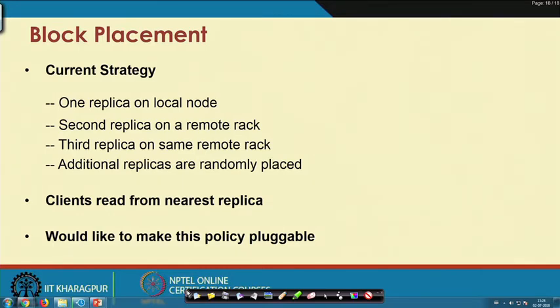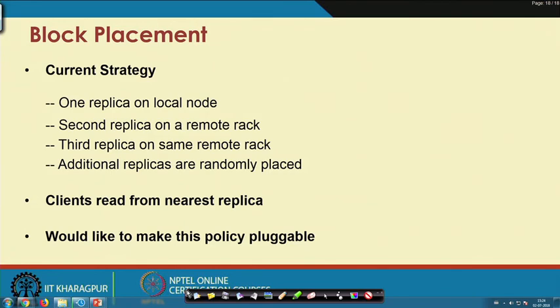This is because then there is a rack-local write from the second to the third, but it also ensures that in case of failure of an entire rack, you have the data on at least 2 racks. This is the write placement strategy when you write data onto HDFS.